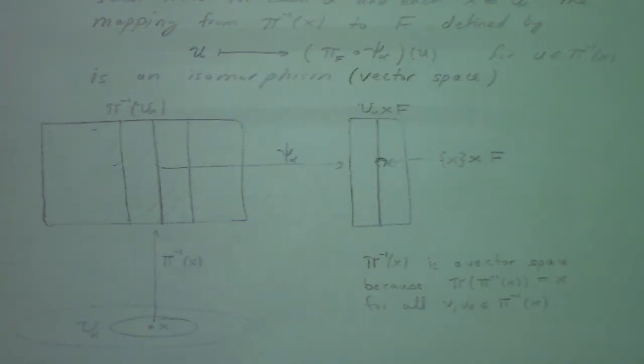It's a pair, which is like a point in the base manifold with a vector, right? And so what this map is saying is you take a point in the fiber and you map it over to the pair. Ignore the point in the base manifold in the pair, and just look at the fiber piece, the vector piece. Then that's an isomorphism.